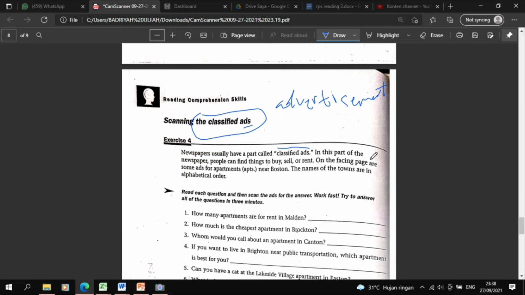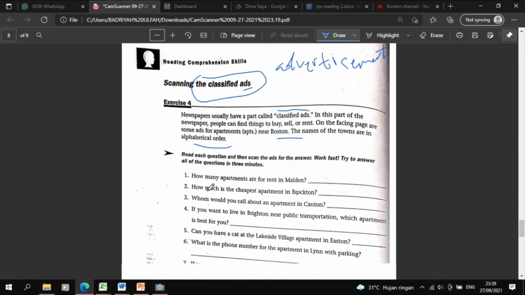On the facing page are some ads for apartments near Boston. The names of the towns are in alphabetical order. I don't know about your generation right now. In my generation, I even had to check the price of something in the newspaper.